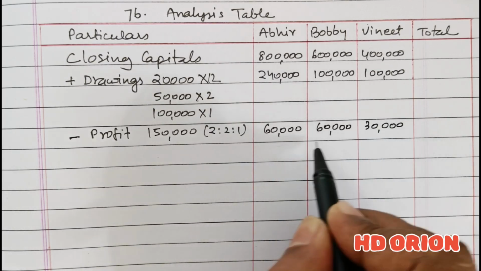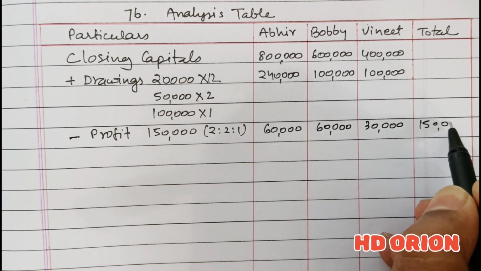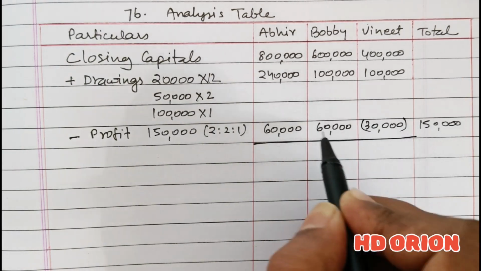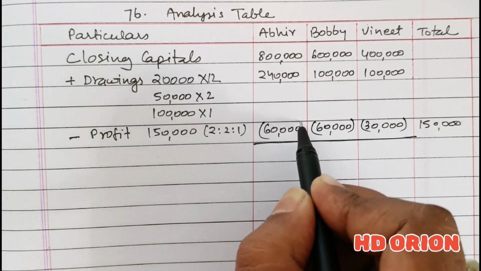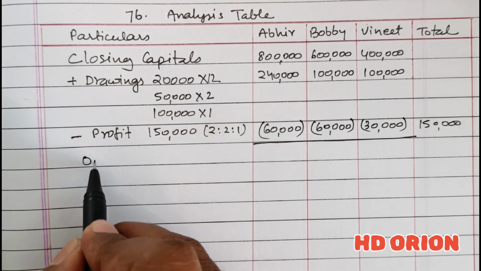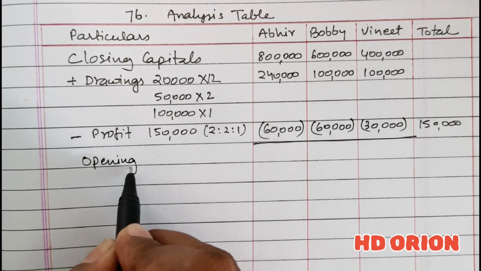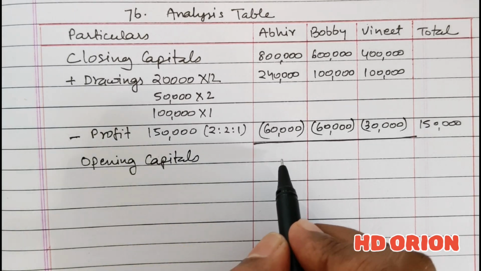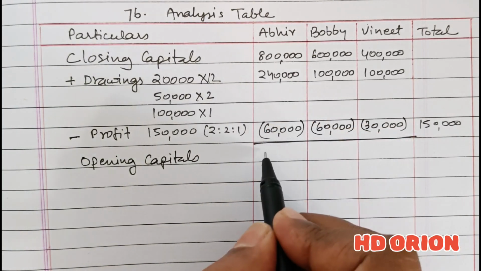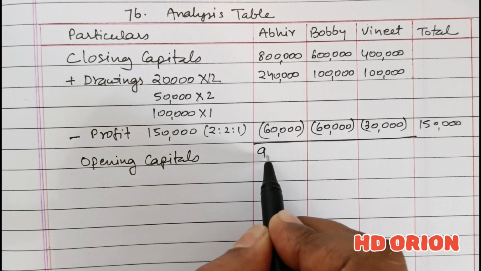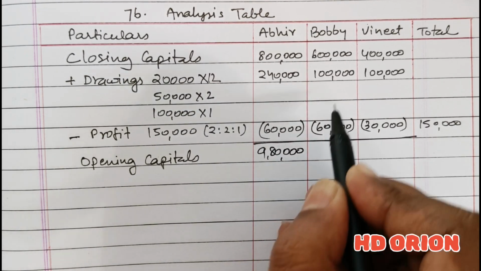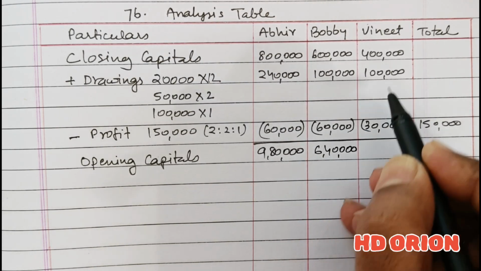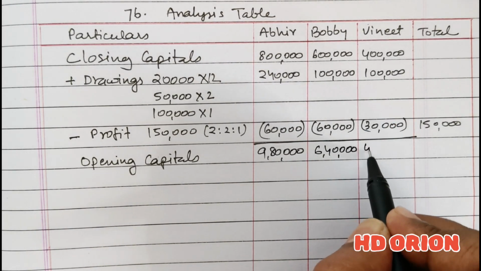So total profit of rupees 1,50,000 needs to be deducted. Now whatever you get is the opening capital balance. Opening capitals of partners, when you add these 3 figures, you get 9,80,000, here you get 6,40,000, and here you get rupees 4,70,000.